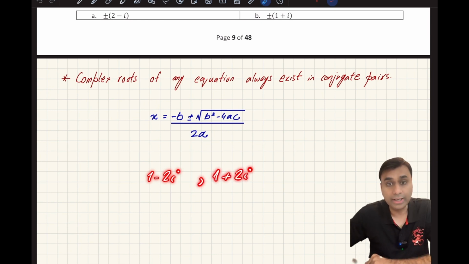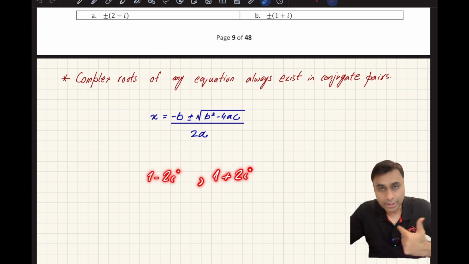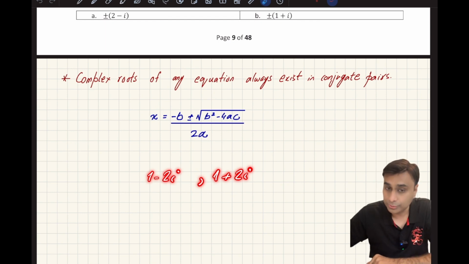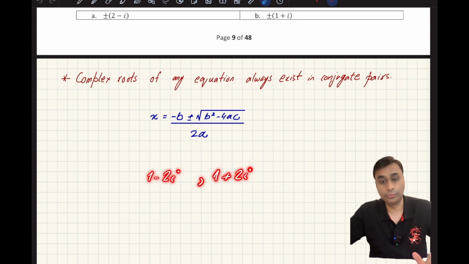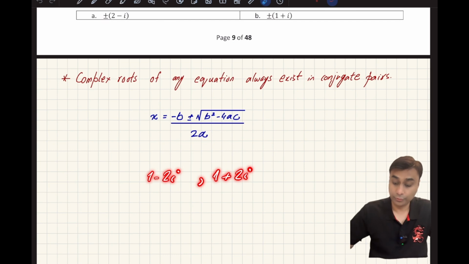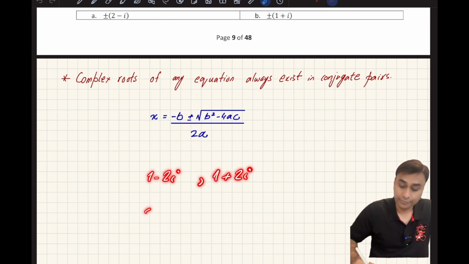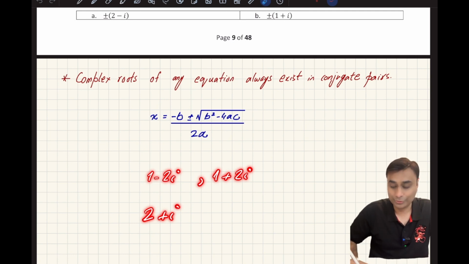A quartic equation must have four roots, so the remaining two roots could again be a pair of complex roots, or they could be two real roots. But if you also know that there's one more root, which is 2 plus iota, then you would for sure know that the other root must be 2 minus iota.